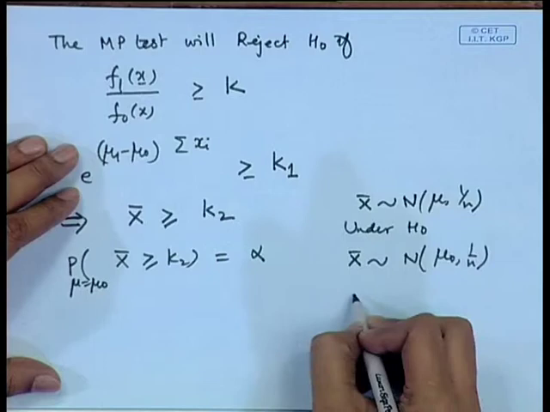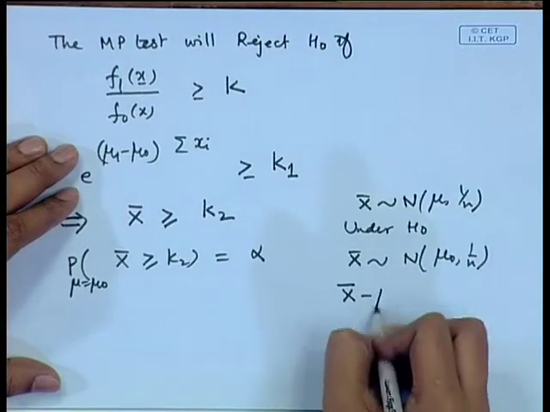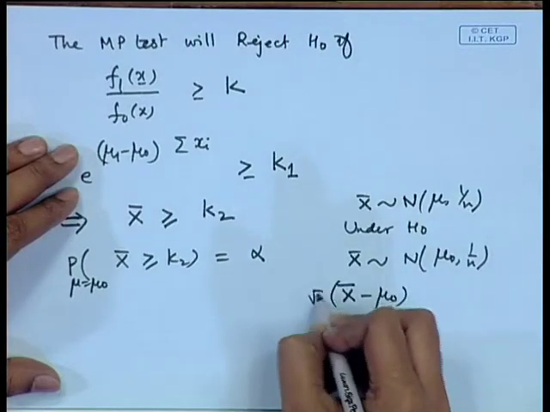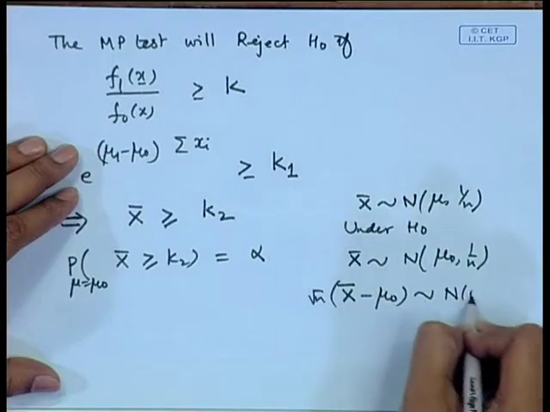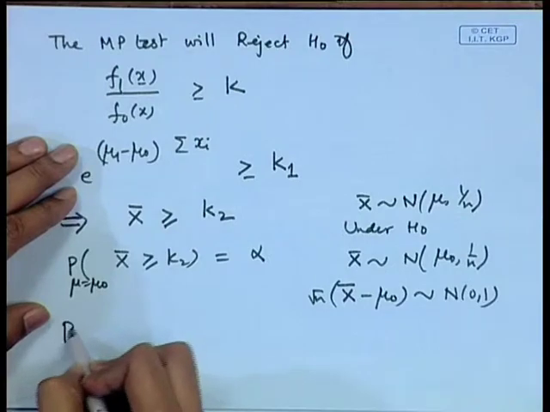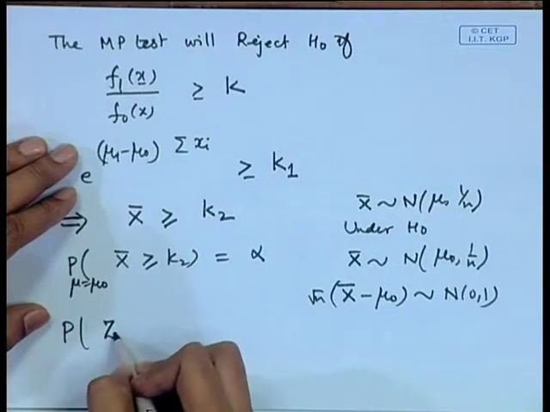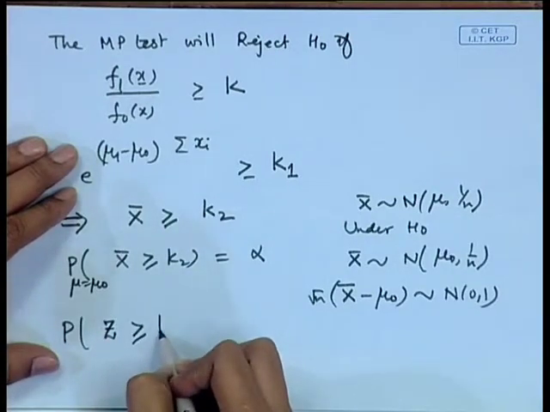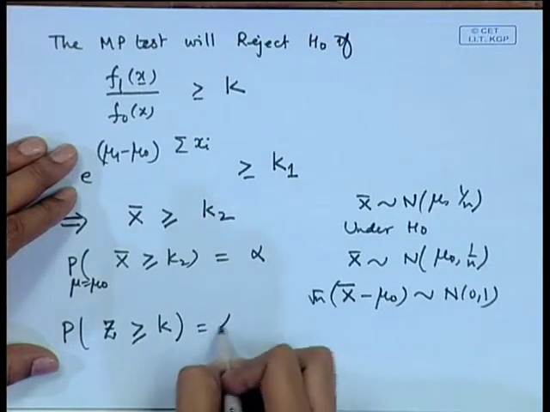So, we can do the calculations here by simplification, x bar minus mu naught into root n, that will follow normal 0, 1 distribution. So, under H naught this statement can be written to be equivalent to Z greater than or equal to some k is equal to alpha.